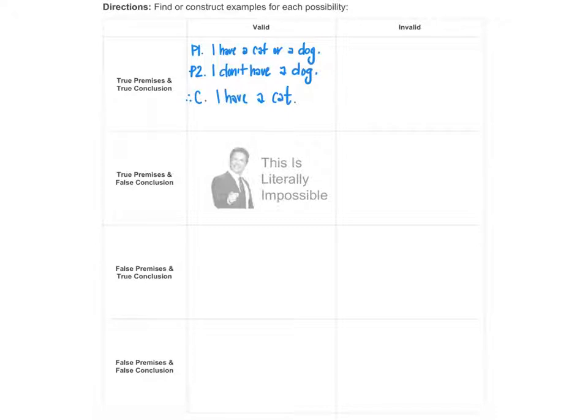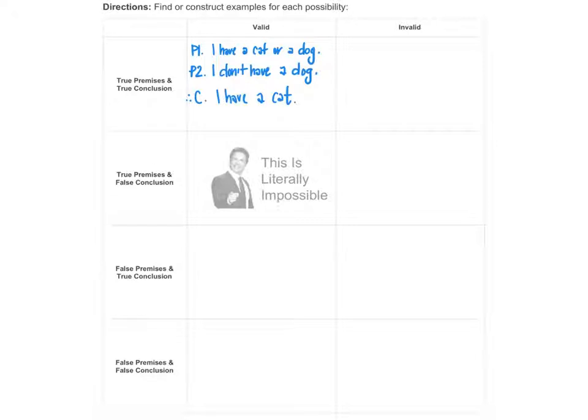What is the definition of validity? There's more than one way to state the definition of validity, but my favorite version is that if the argument is valid, then it's impossible for all of the premises to be true and the conclusion false.